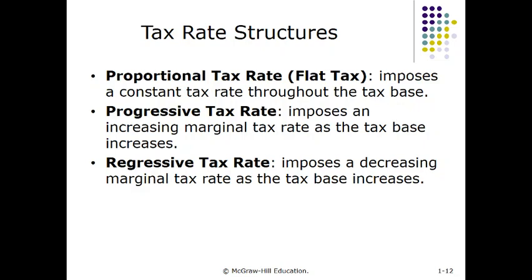A regressive tax rate imposes a decreasing marginal tax rate as the tax base increases. The big example here would be Social Security taxes, and that's a tax on the amount of income you make.